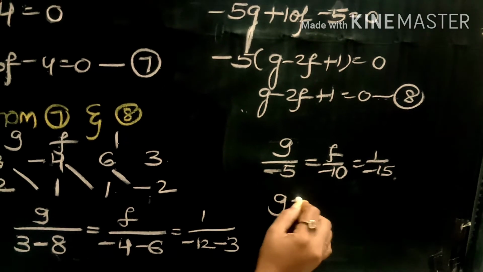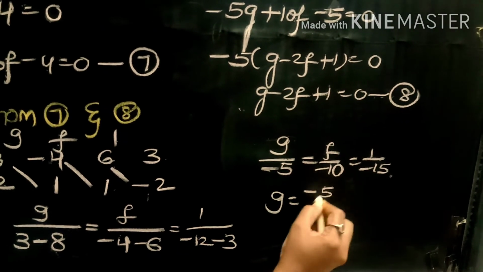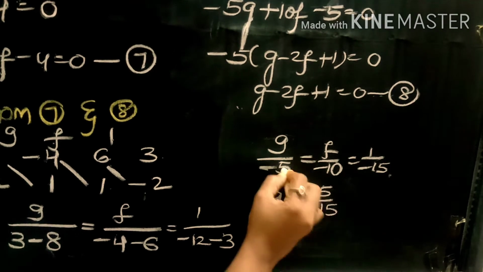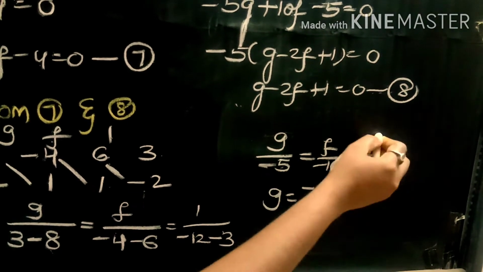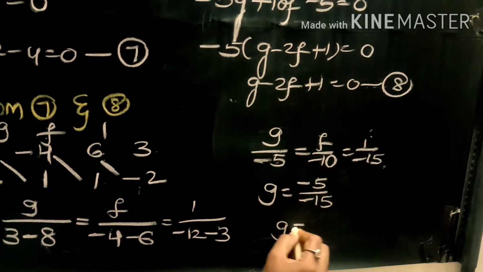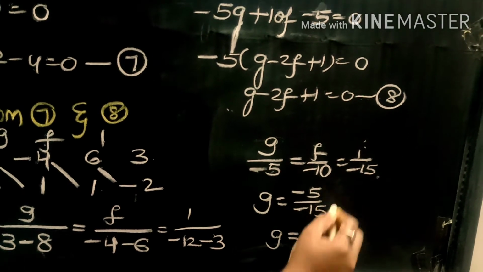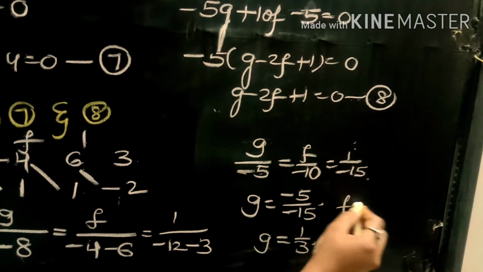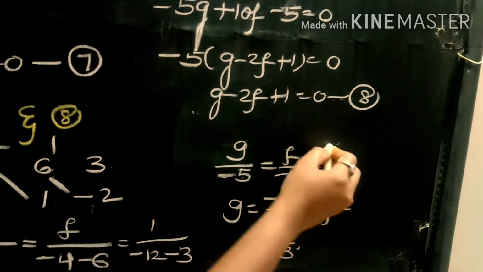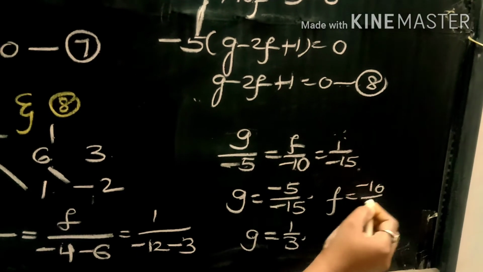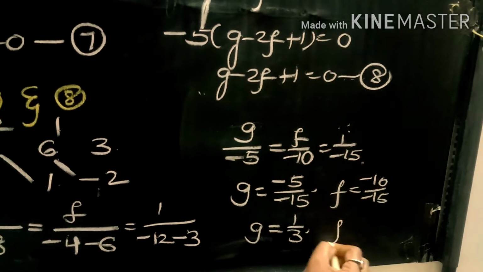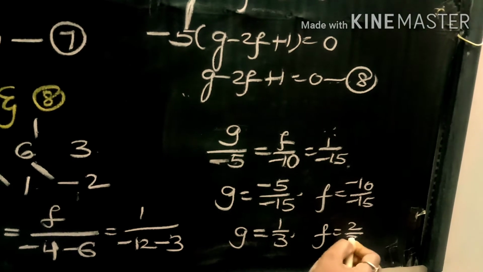Therefore the value of g is equals to minus 5 by minus 15, which means g is equals to 1 by 3. And the value of f is equals to minus 10 by minus 15. Then the value of f is equals to 2 by 3.